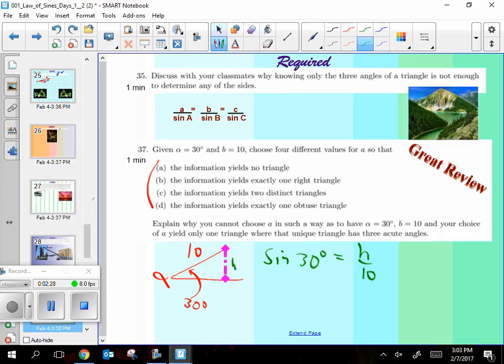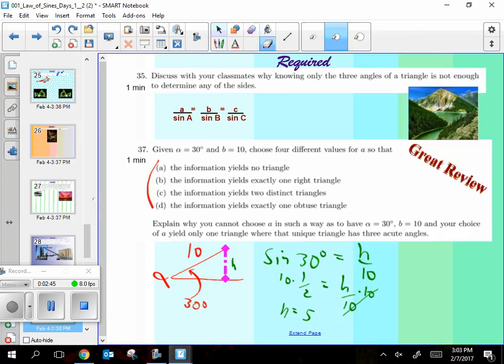Now, the sine of 30 is equal to 1/2. So 1/2 equals h over 10. Now I'm going to times both sides by 10. And I very quickly get 10 times 1/2 is 5 equals h, or h equals 5.